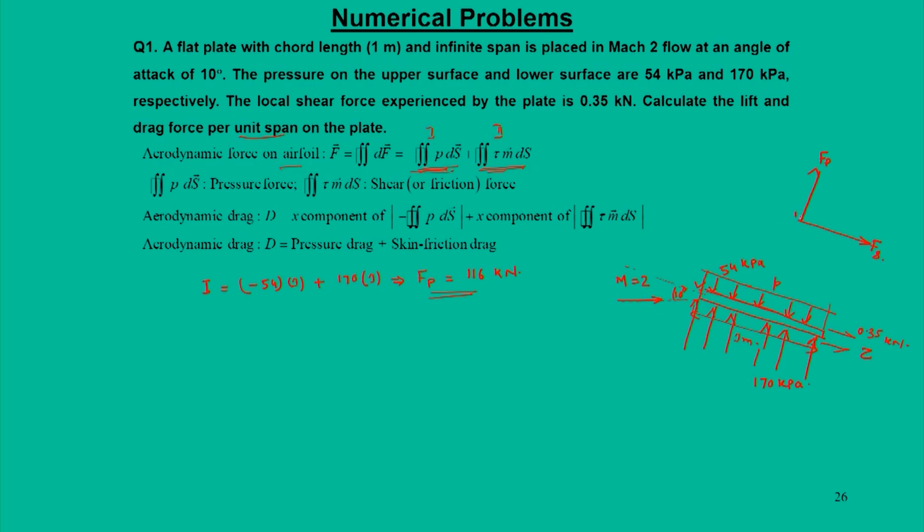Then we have the direction of drag, which is along the free stream flow, D, and the direction of lift, which is perpendicular to it. This angle is 10 degrees, and this angle is also 10 degrees. Now, it is a simple mechanics principle. We can find the pressure force and the shear force F s, that is term 2, which is nothing but 0.35 kilonewton into 1.